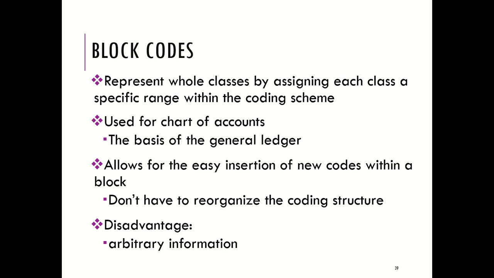Diba? So, kumbaga, parang useless na daw yung information. Although, it makes sense if it is a chart of accounts. Pero kapag binagsak mo lang basta-basta doon, 1 to 1, ano yan? Okay, so, ayan. So, that's the disadvantage. Pero, marami naman siyang advantage, diba? In a specific use. Okay, any questions?